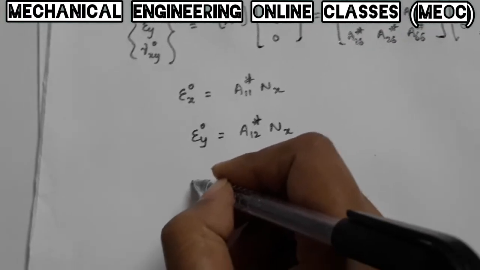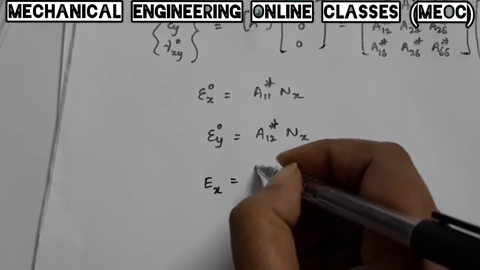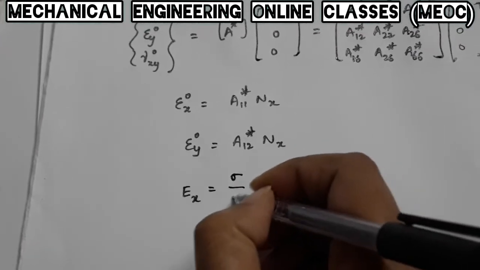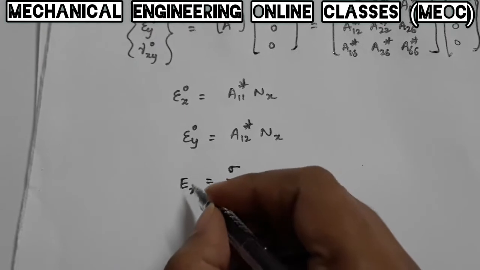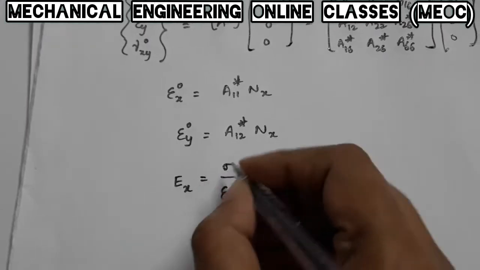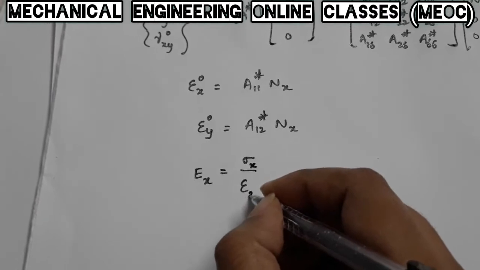So what is the basic formula of Young's modulus? It is sigma by epsilon. But I am considering I want the Young's modulus along x direction. So I will consider sigma x and epsilon x naught.